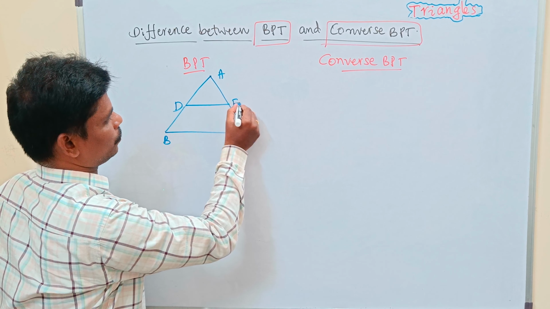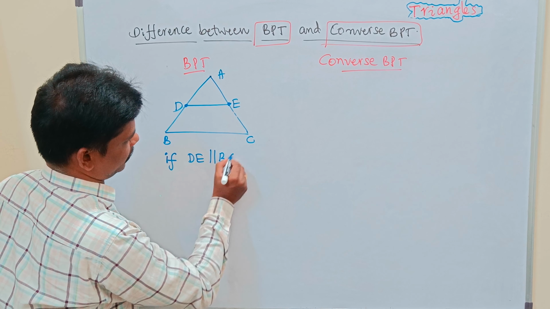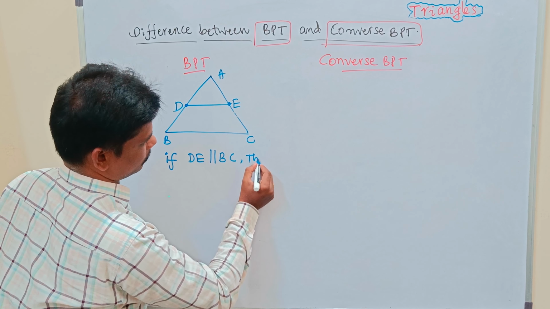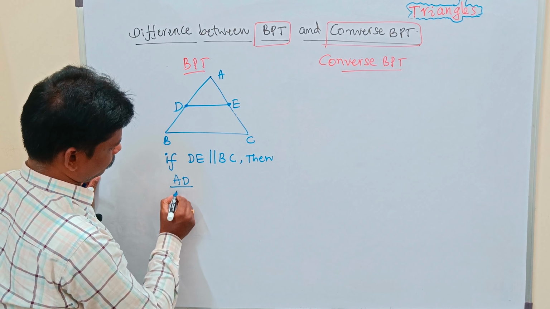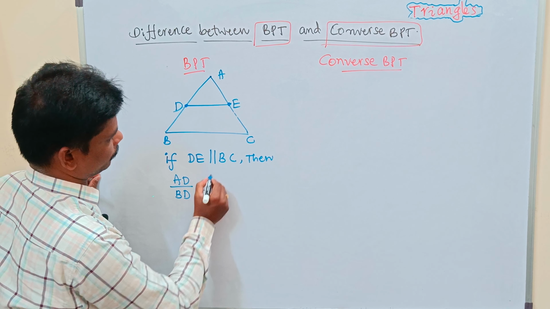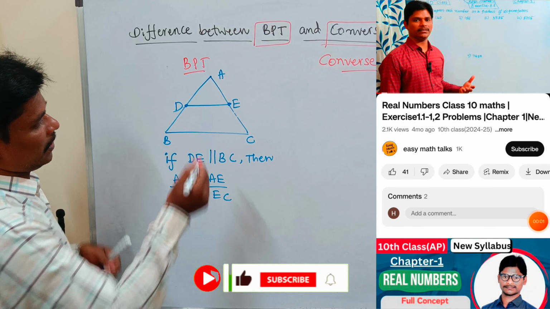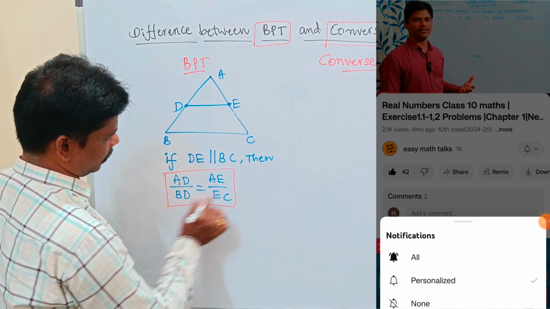So what happens? Here the ratios are equal. If DE is parallel to BC, then AD by BD is equal to AE by EC. So this is the statement: if lines are parallel, then the ratios are equal. This is the statement of the basic proportionality theorem.